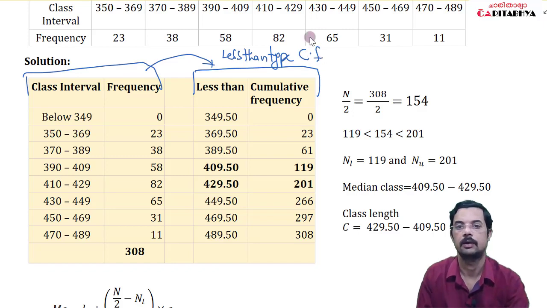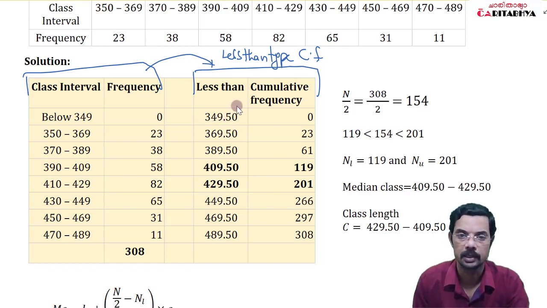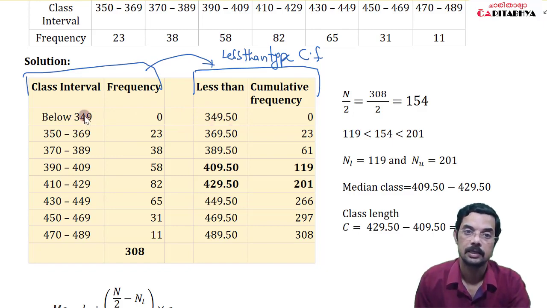We are trying to prepare the less than type cumulative frequency, so we will consider the upper boundary points. As we discussed in the previous problem, if the classes are not exclusive, we will extend the boundary points.